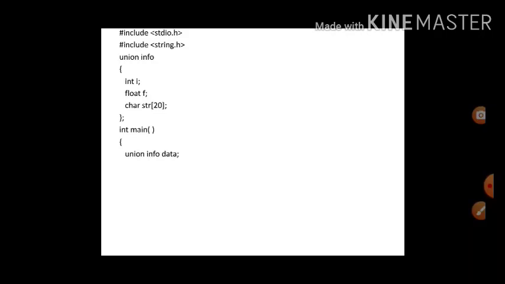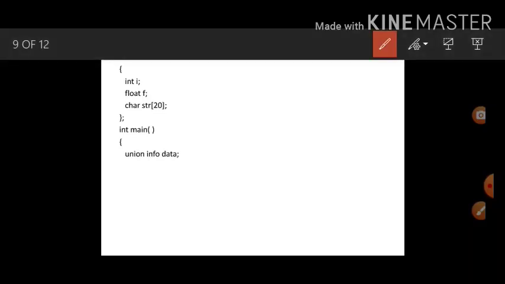Suppose the program was like this. Our header files at the beginning, then the union was declared, and then we start the main program. Then we declare variable data of type info.